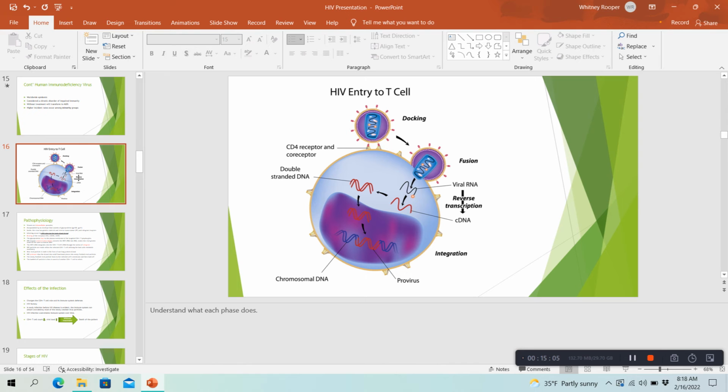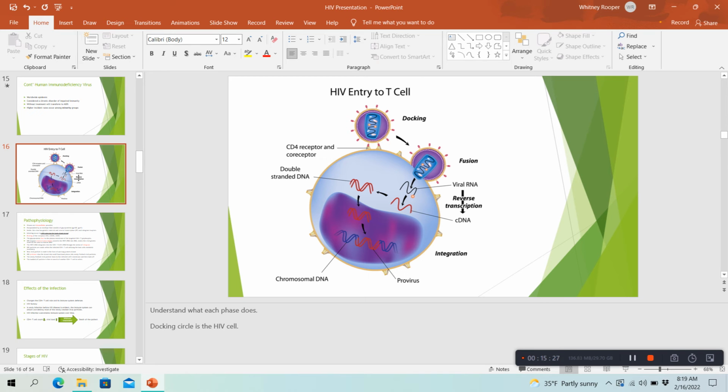So right here is your HIV cell. What we have are these things on the ends called glycoproteins. This is what docks onto the receptor; it is what the HIV utilizes to dock onto the cell.